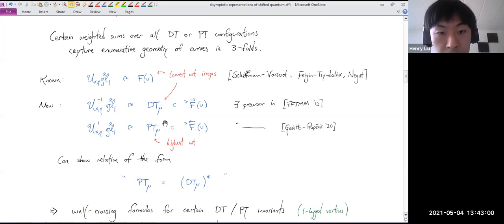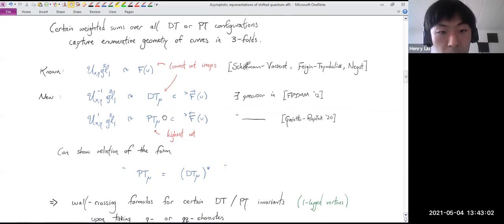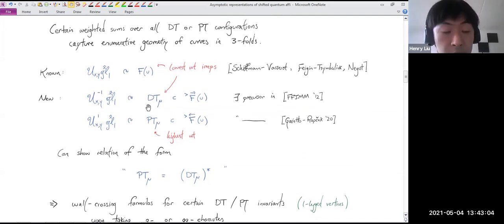Okay, so it turns out that the DT mu module is again a lowest weight irreducible representation. The PT mu one is a highest weight one because for the Fock and DT representations, we're thinking about starting with the minimal configuration, and we're thinking about adding boxes.